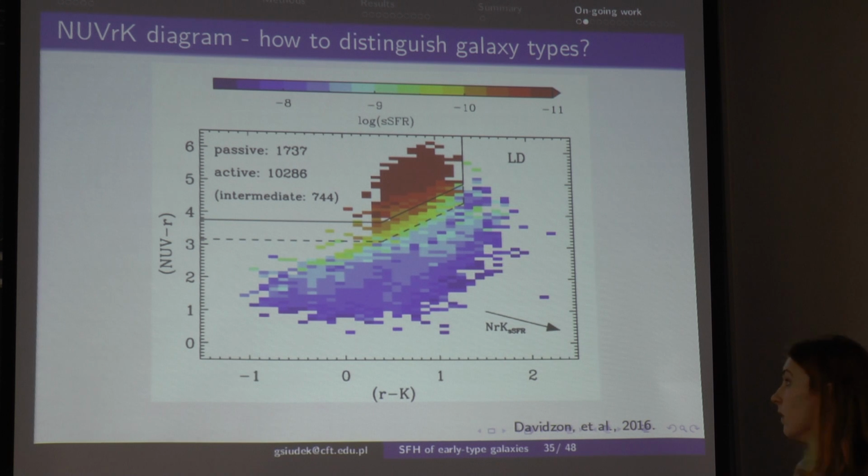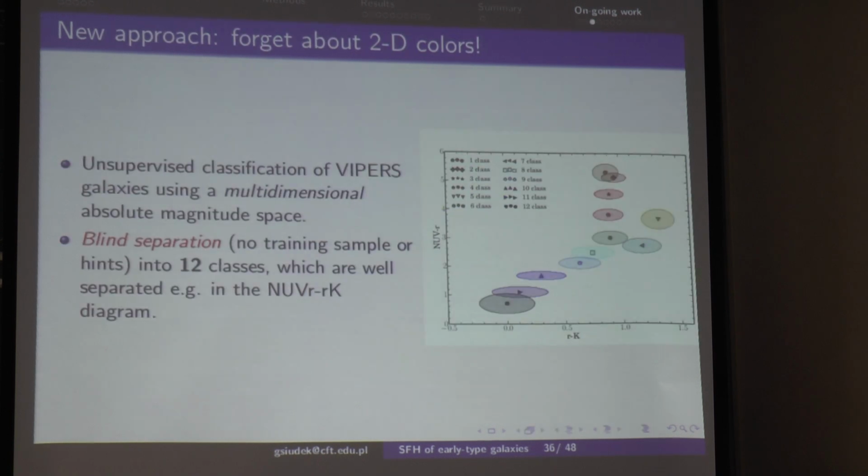Two years later, Davidson, on the same color diagram, tried to distinguish a third group of intermediate galaxies. And now we are forgetting about that and trying a new approach, using unsupervised classification based on the multidimensional absolute magnitude space.